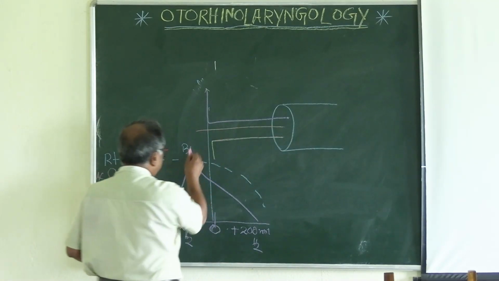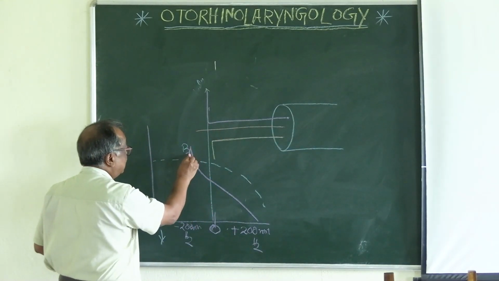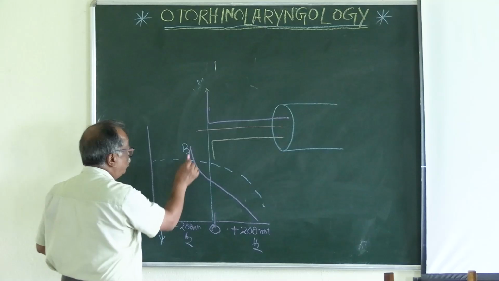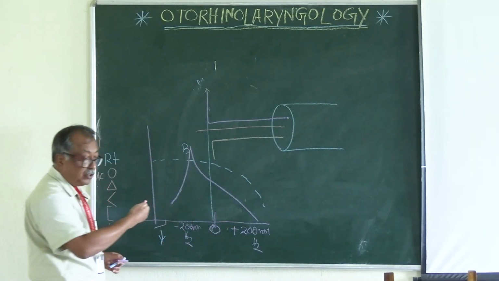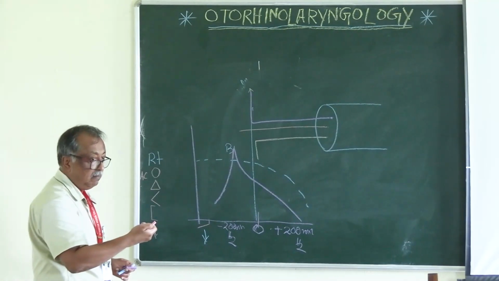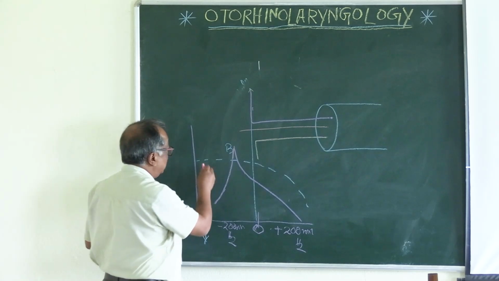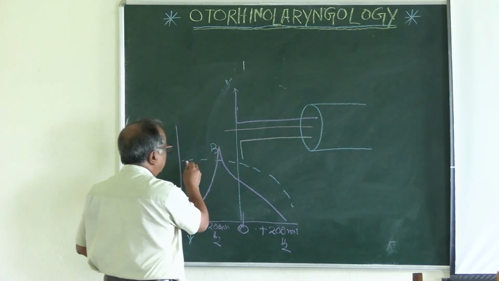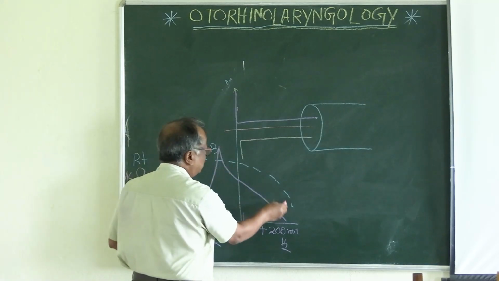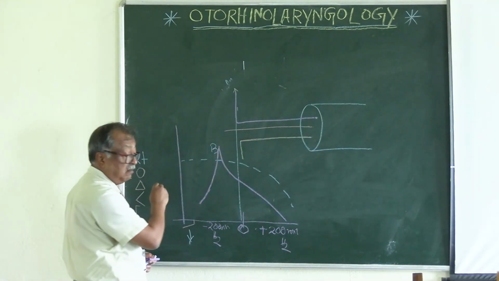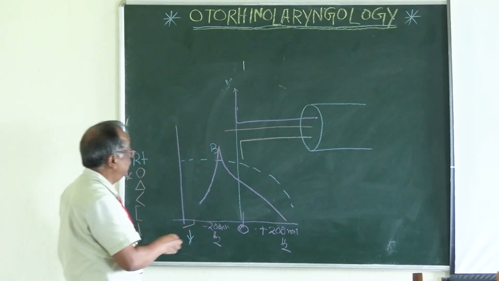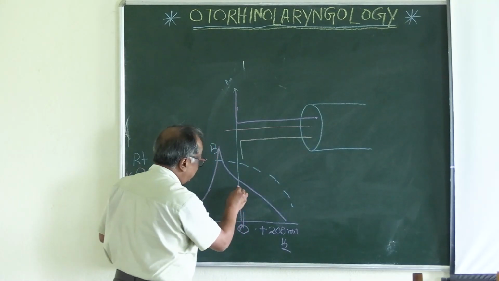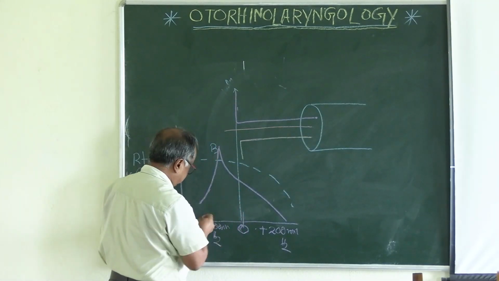That means the peak in the negative pressure, that is due to the retraction of the tympanic membrane, the negative pressure. The B type of curve generally, if there is some fluid inside the middle ear, there may be. This is C.